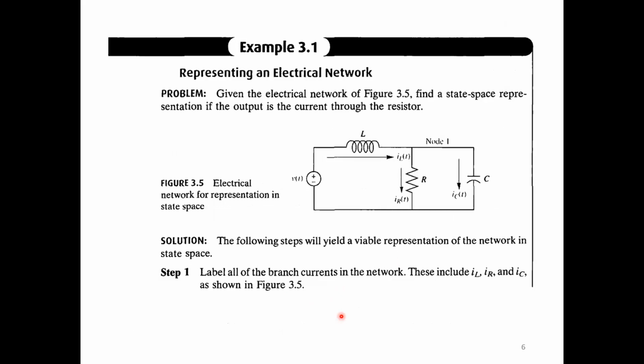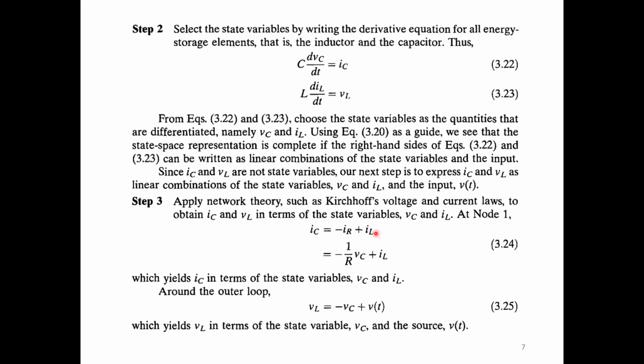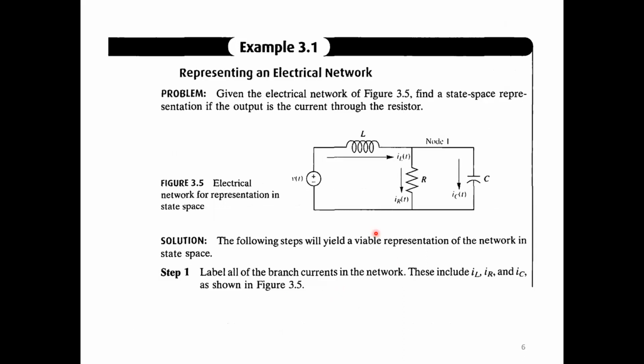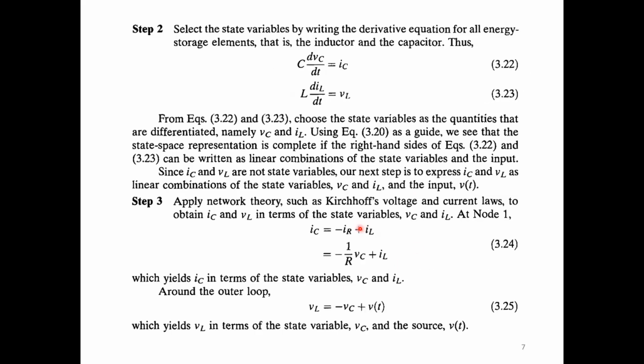So VL is equal to minus VC plus vT. So here we have found IC and VL, the linear equations of VL and IC.